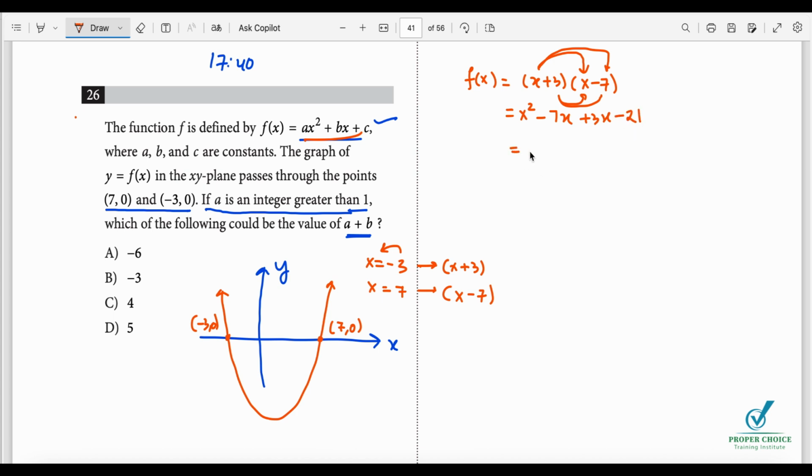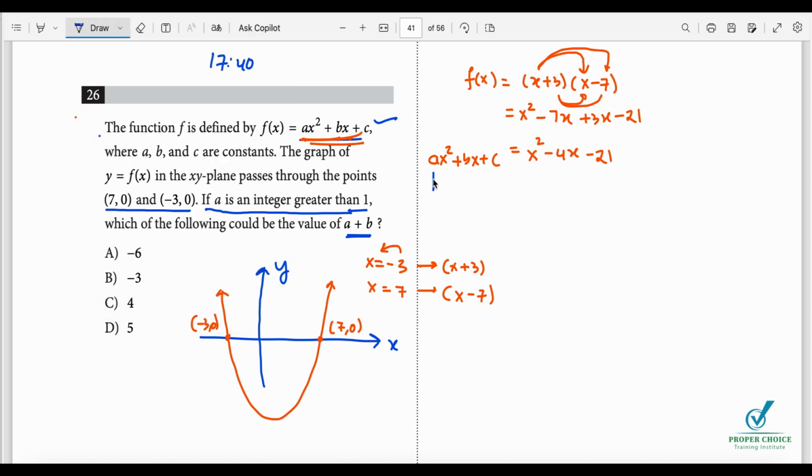Now combine like terms, it becomes x squared minus 7x plus 3x, which is minus 4x, minus 21. So when you are comparing with this, which is f of x, if you replace f of x with ax squared plus bx plus c, what I can see are their coefficients.